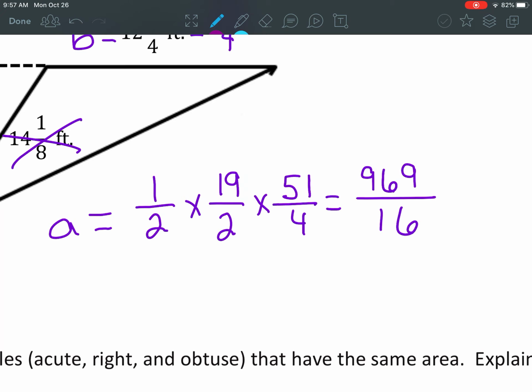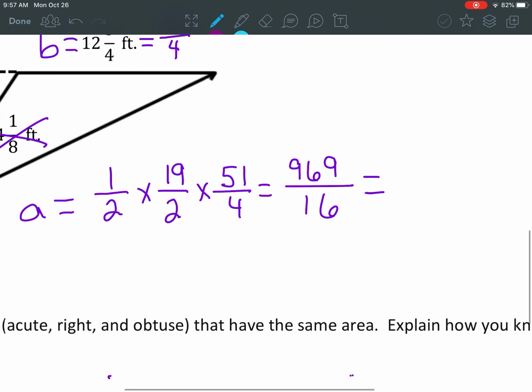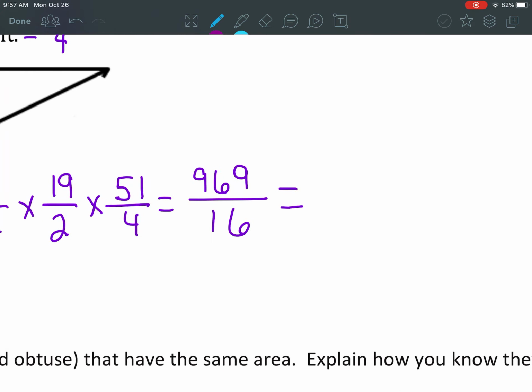So I have 969 divided by 16. Give me 1 second. So it'd be 60 and 9/16.